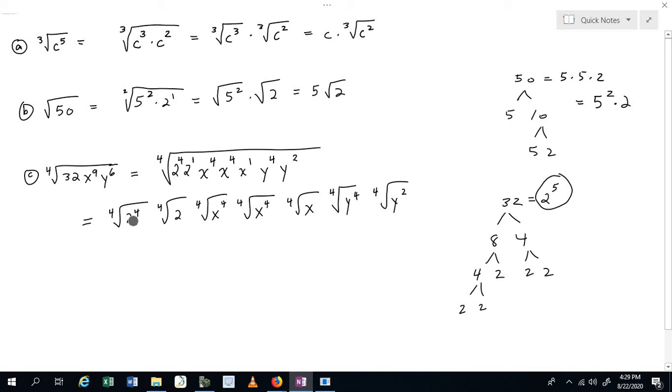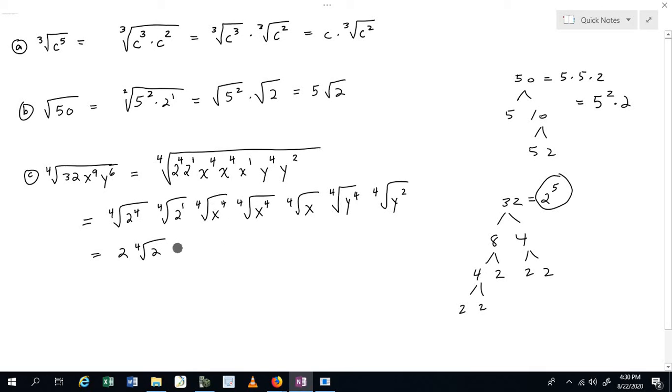And then you need to check and make sure that the powers are less than the indices or the index. Okay, so here it's not, so this can be simplified, and this is just 2. This one is 2 to the first power, so that is less than the index. So I can leave that, that's simplified.